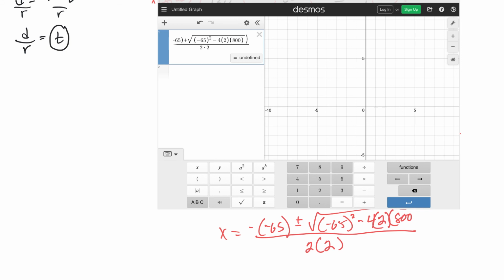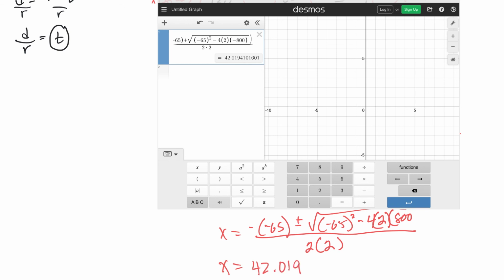Oh, it's a negative 800. That's why. There we go. 42. So x is equal to 42.019.